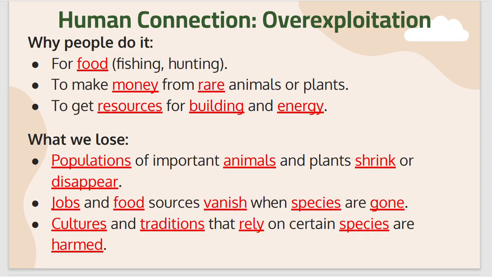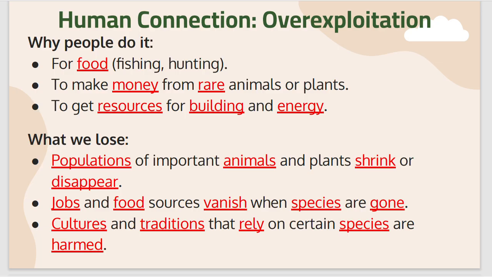So why do people do it, and what do we lose? So overexploitation occurs because humans need food. For example, that overhunting, that overfishing, especially overfishing, occurs a lot due to demands in seafood.